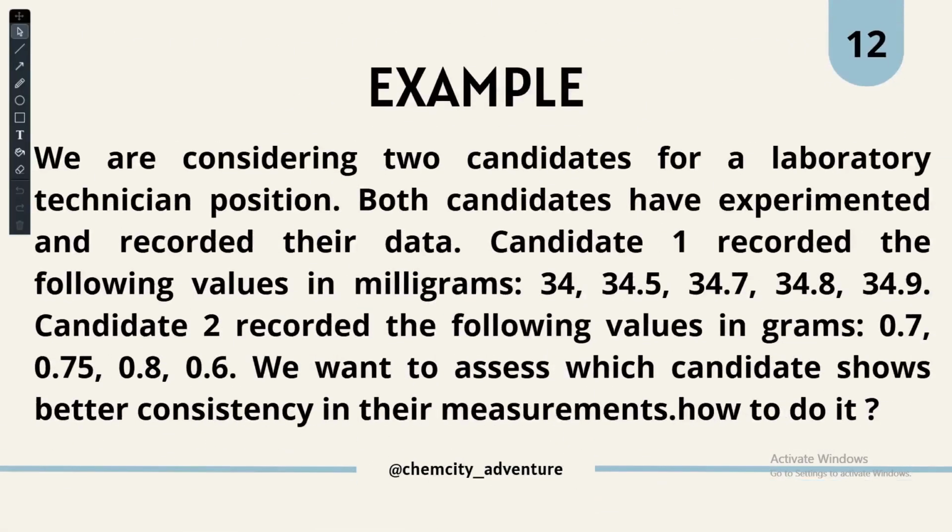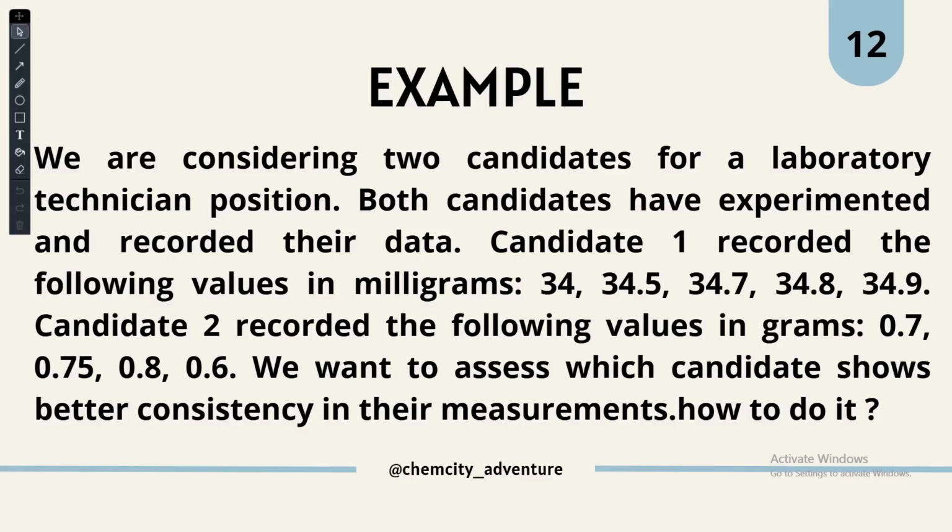Well, the second example that we're going to talk about: we are considering two candidates for a laboratory technician position. Both candidates have experimented and recorded their data. Candidate 1 recorded the following values in milligrams: 34, 34.5, 34.7, 34.8, and 34.9. 5 values.